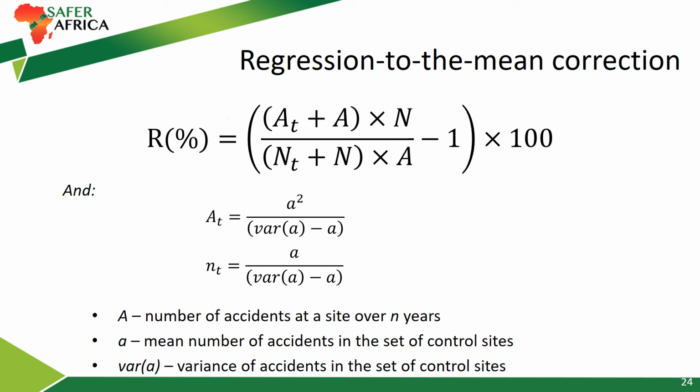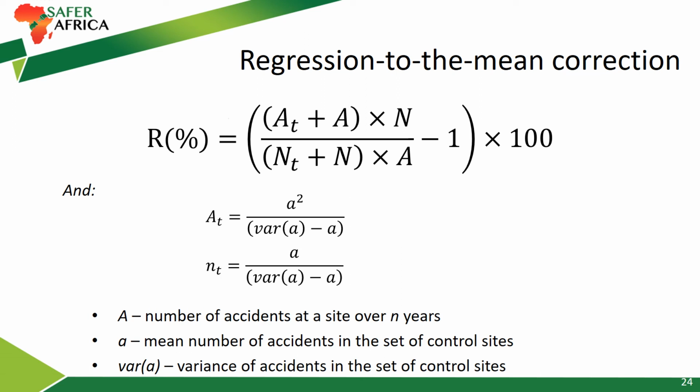Estimating the true underlying crash rate of a site and correcting for the regression to the mean effect can be made in several ways. For example, Hauer developed the empirical Bayes method and extended it to applications in before-after studies.